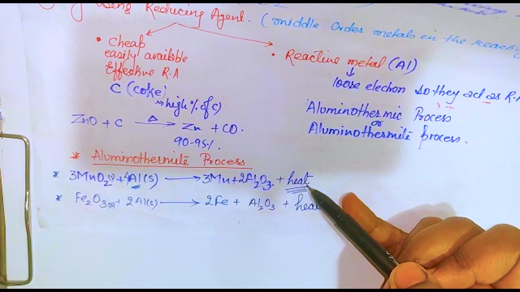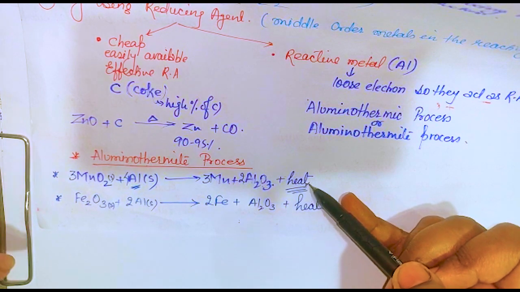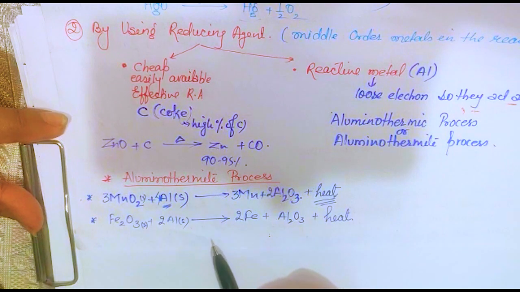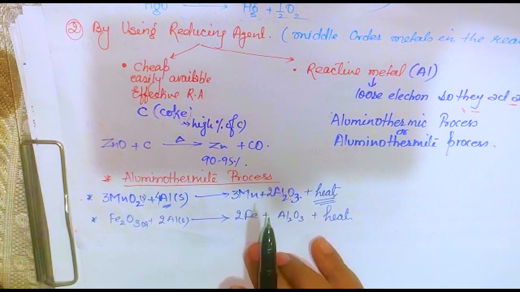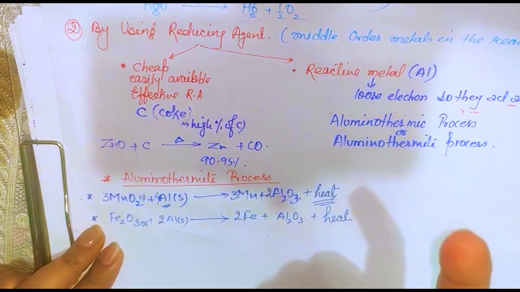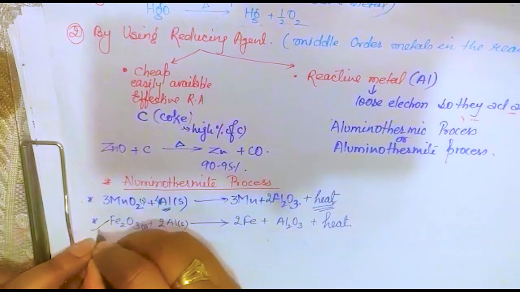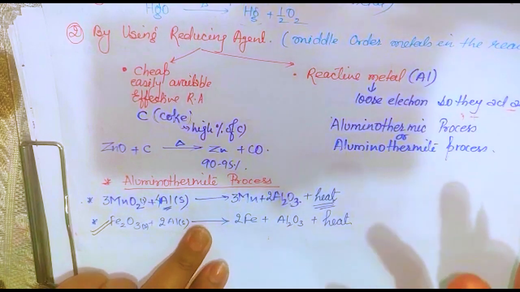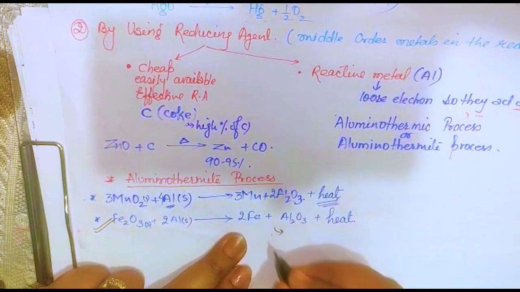There are two equations you can learn for this, and both are examples of the aluminothermite process. But if you want to learn only one equation, I would advise you to learn this equation only, as it has some practical application also.